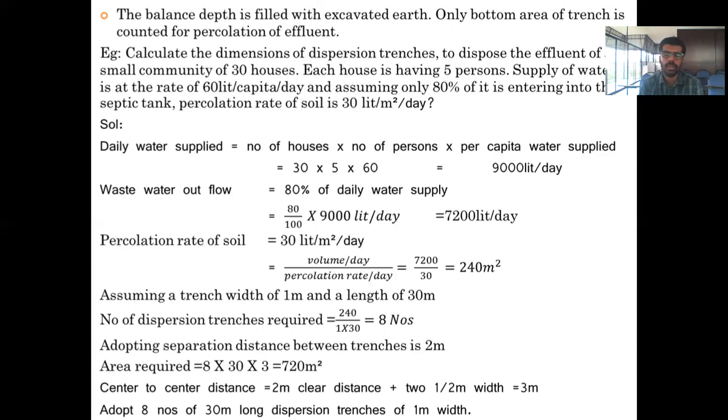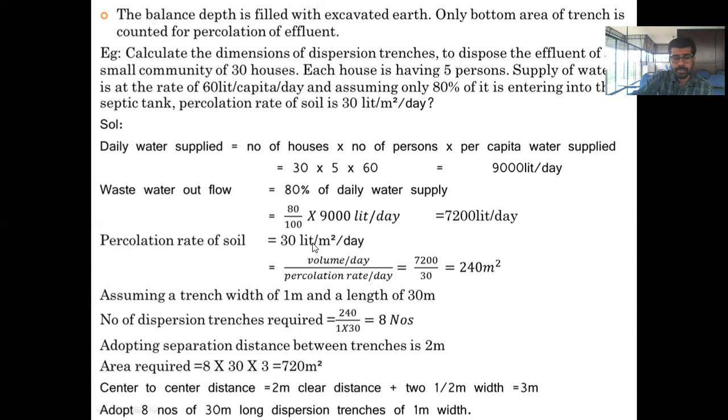Then you decide how many dispersion trenches can be placed, and multiply with the area. 8 into 30 into 3, where 8 is the number of trenches, 30 is the length, and 3 is the width. So you get the total area, 720 meter square.